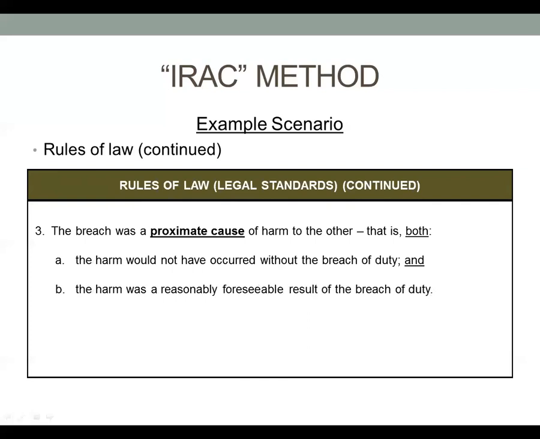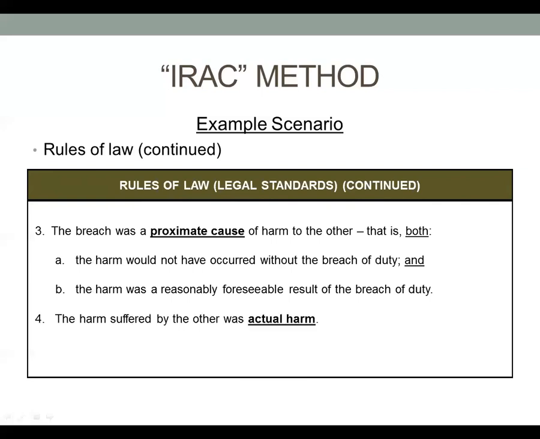And secondly, the harm in particular had to have been a reasonably foreseeable result of breaching that duty. So the paralegal has now discovered the two legal rules that define what proximate cause means under Texas law.